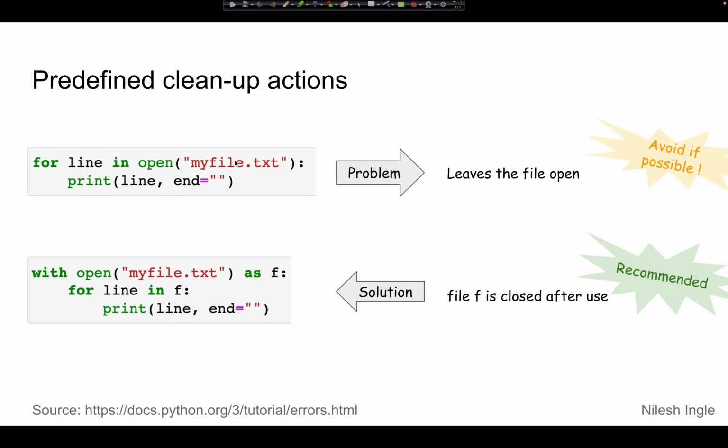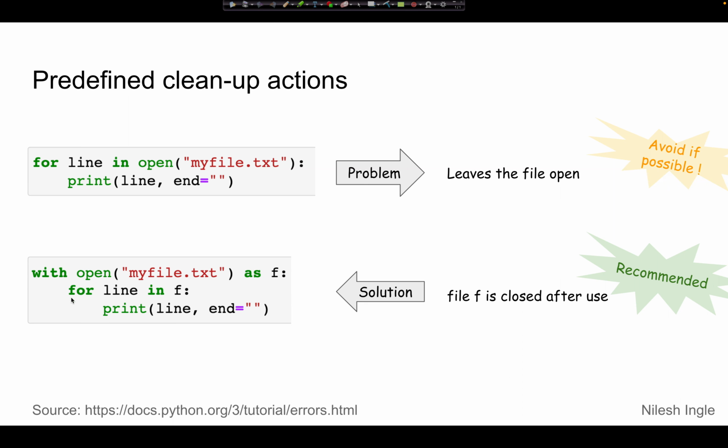Now moving on, here's a note that if you are trying to open a file such as shown here in the top code, for line in open file myfile.txt, and do something with the information in that file, the problem with this code is that it leaves the file open.